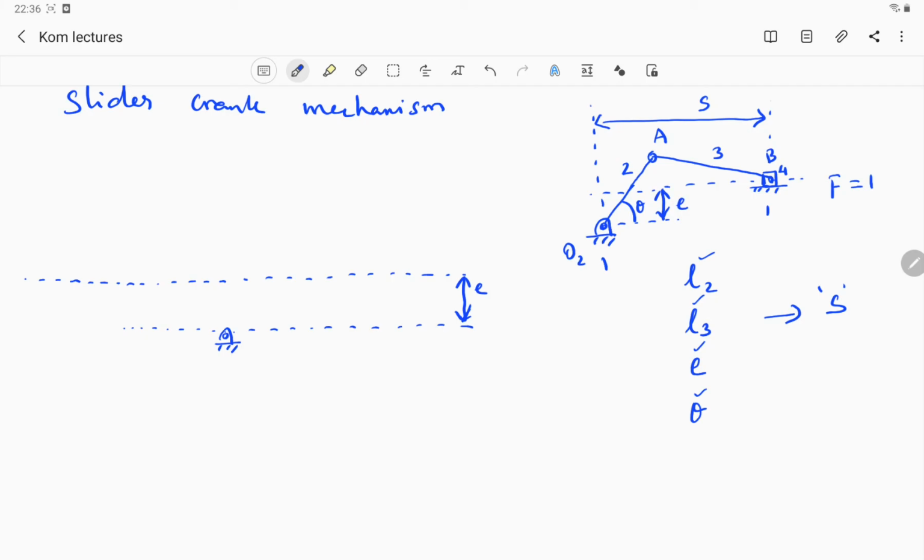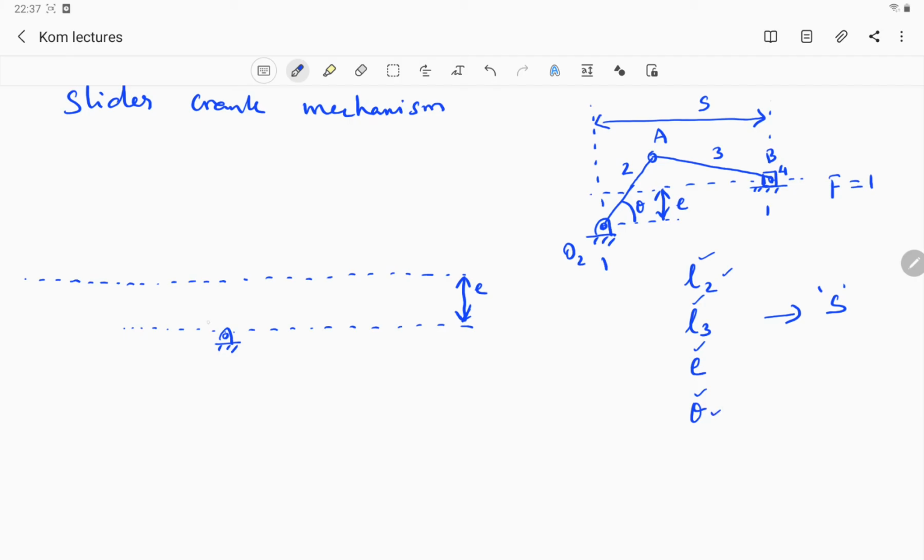Now first let's identify the position of point A. To identify the position of point A, all I require is L2, which is known, and theta, which is also known.